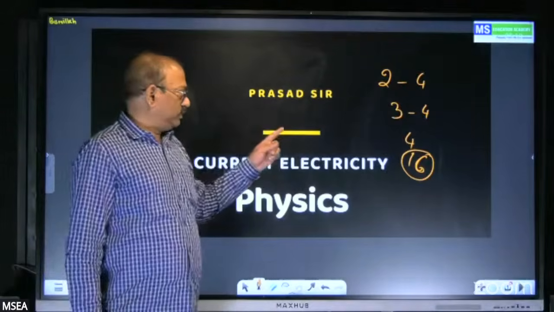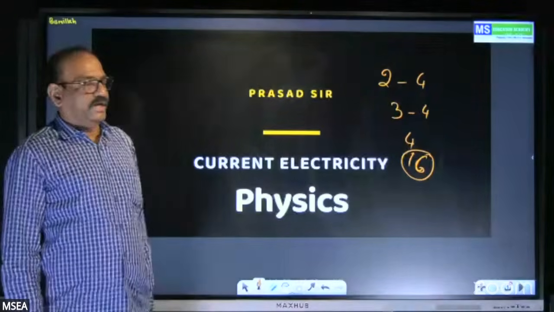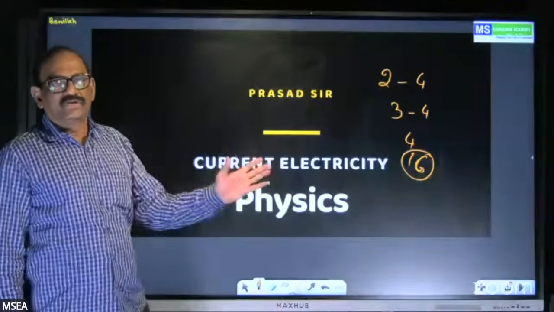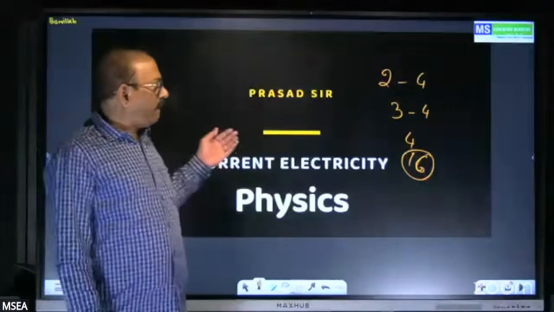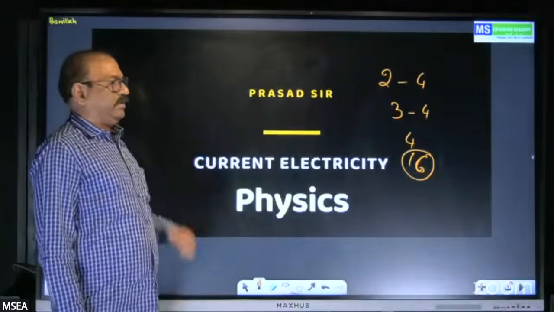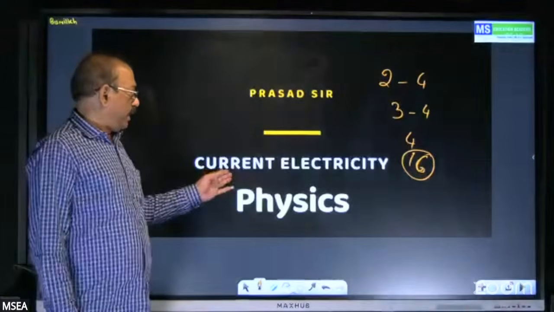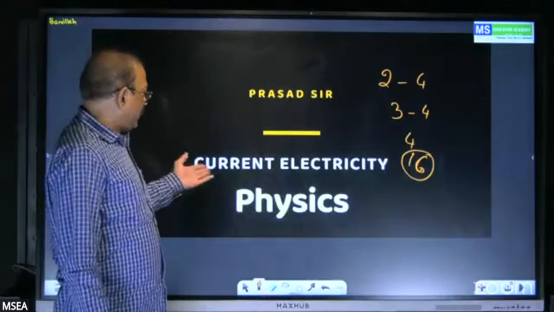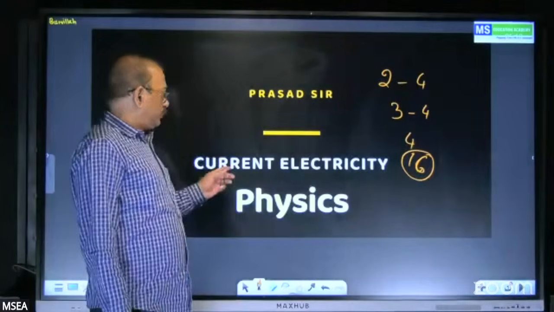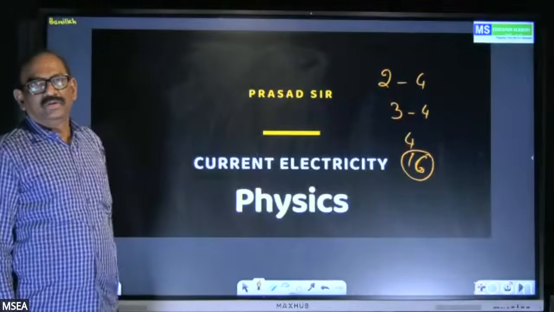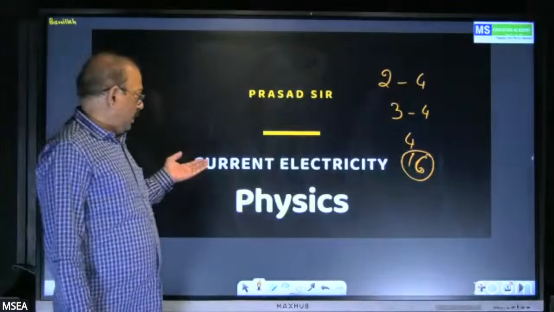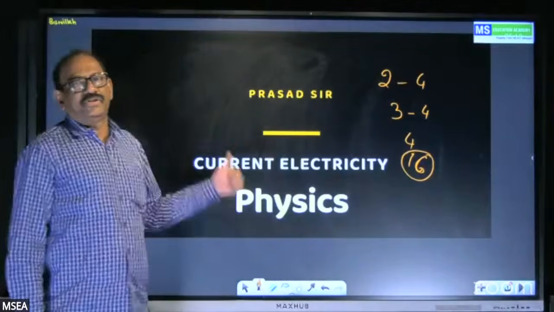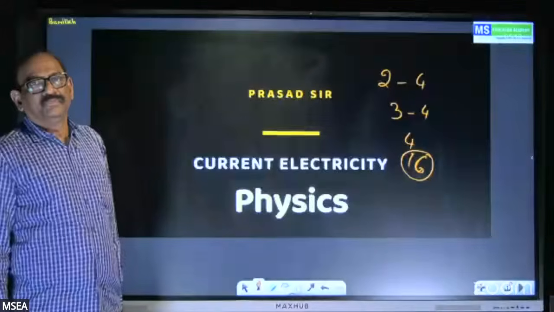One is this high weightage, and second is that this chapter is linked with some other chapters like moving charge and magnetic field, electromagnetic induction, AC circuits, and semiconductors. Hence, in current electricity, a strong foundation is essential, dear students.